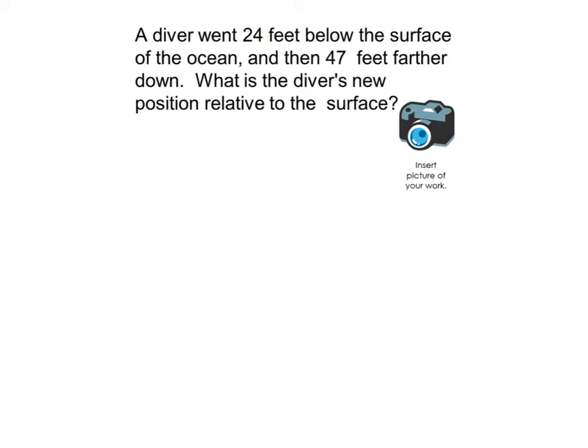All right, let's see. He was 27 feet below the surface of the ocean, so how do we represent that? Minus 24. And then he went 47 feet further down, so that's minus 47. And they want to know the new position. Okay, so I have a minus sign. When I have a minus sign, I add the opposite.